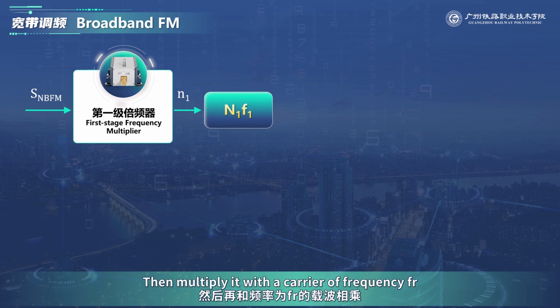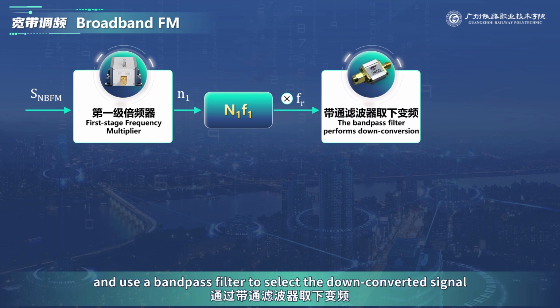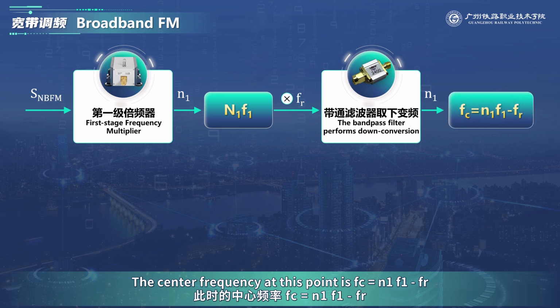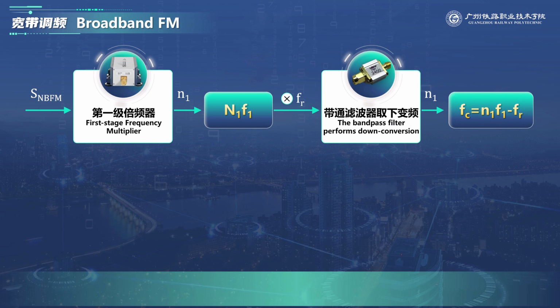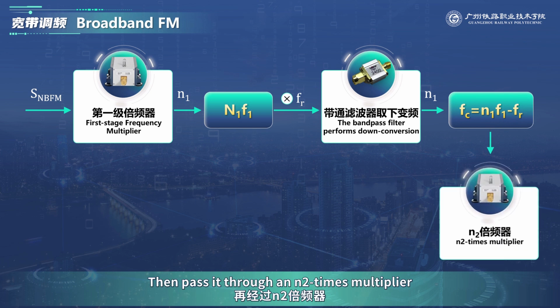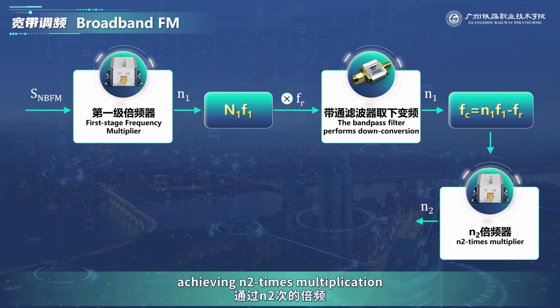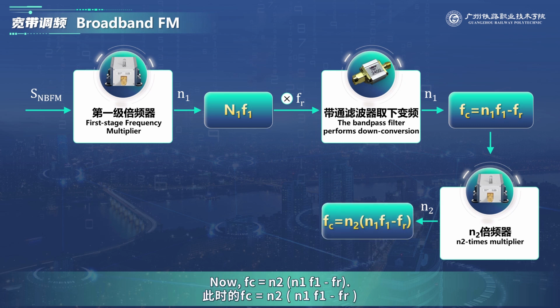Then multiply it with a carrier of frequency fr and use a bandpass filter to select the down converted signal. The center frequency at this point is fc equals N1 f1 minus fr. Then pass it through an N2 times multiplier, achieving N2 times multiplication. Now fc equals N2 (N1 f1 minus fr).